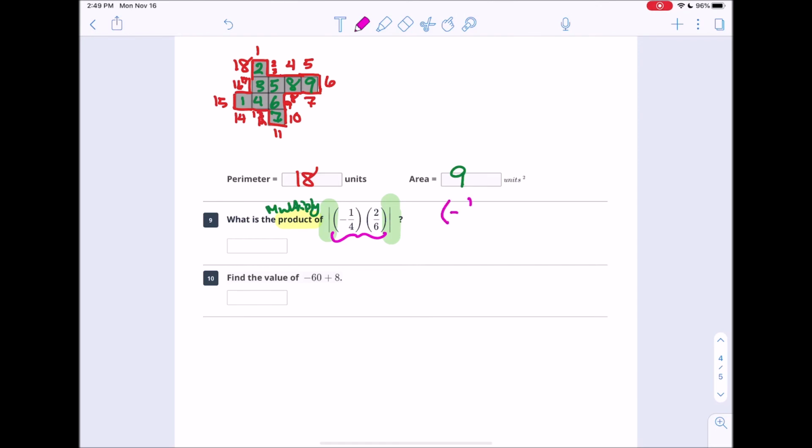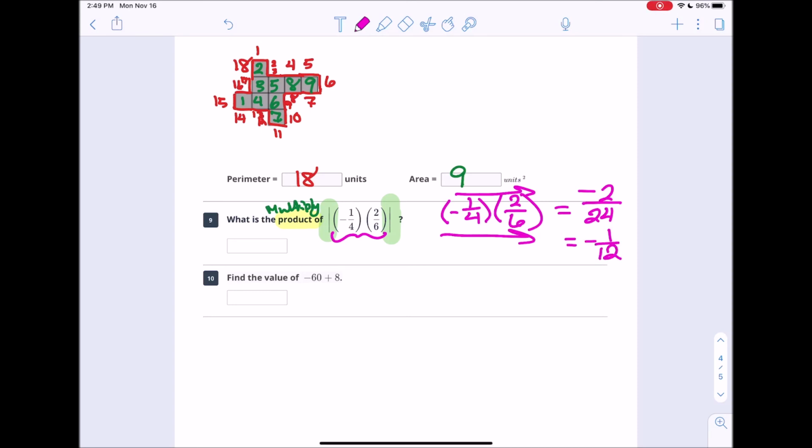So we have on the inside -1/4 times 2/6. Now, you could just multiply across, and you would get -2/24. And then you could simplify that to -1/12.